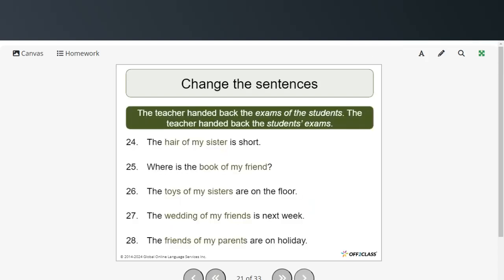Right, now change these sentences. Again, you can pause the video, try this on your own, and then restart when you're ready to check your answers. Okay, the teacher handed back the exams of the students: the teacher handed back the students' exams.